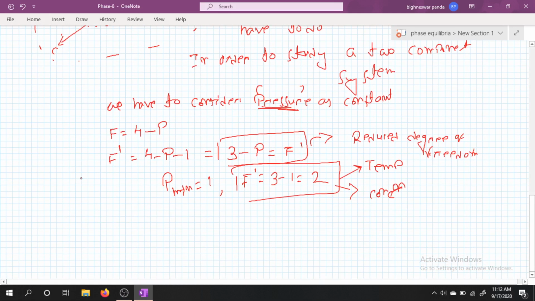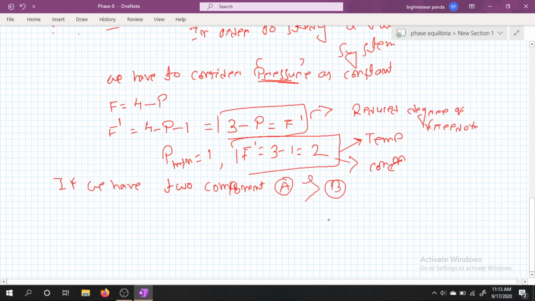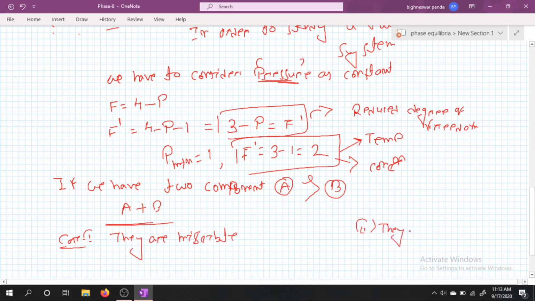So if we consider two components, A and B, then different cases will arise. Case 1, they are miscible, and case 2, they are immiscible.